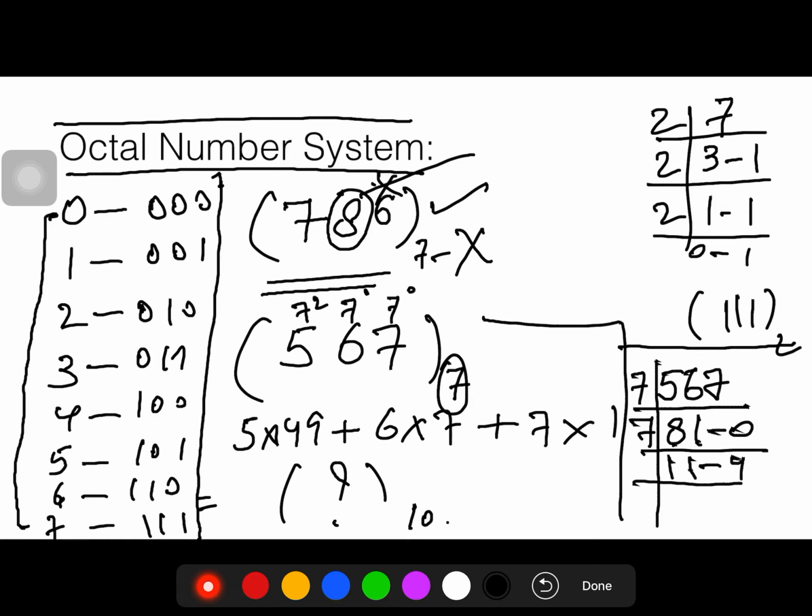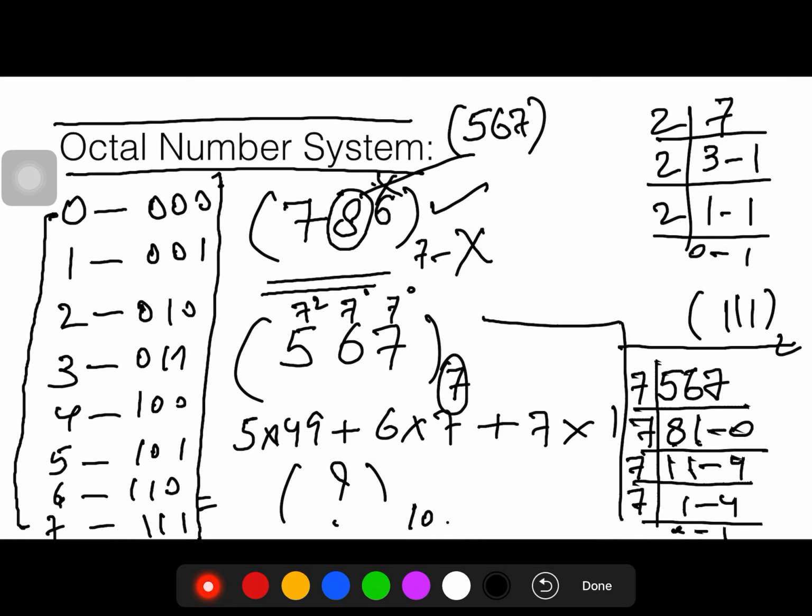What is the remainder here? 4 is the remainder. Again, 4 is the remainder. 1 is the remainder.